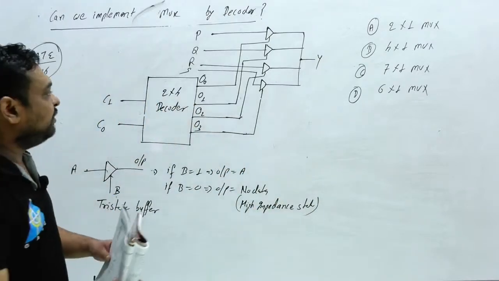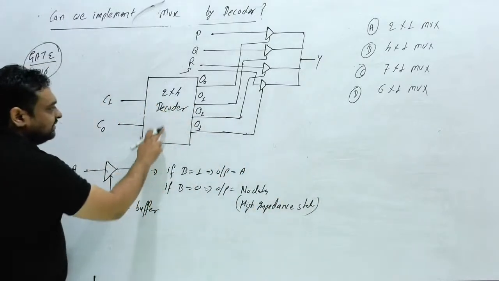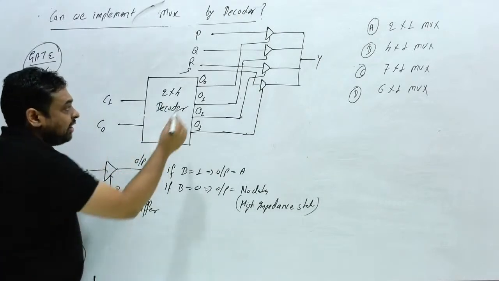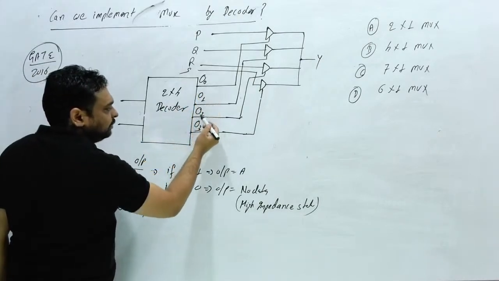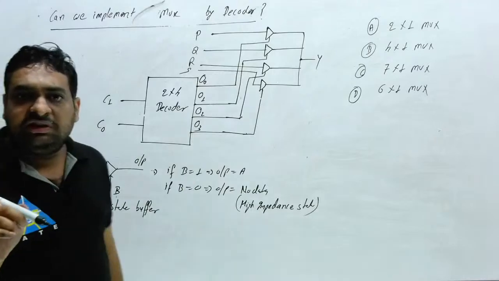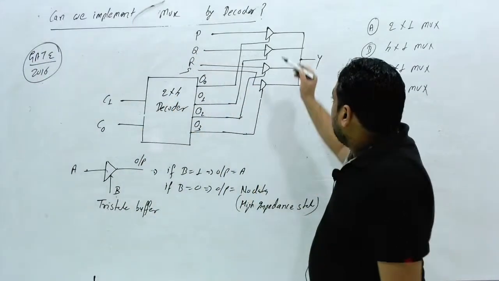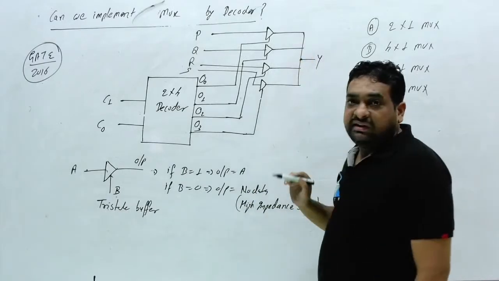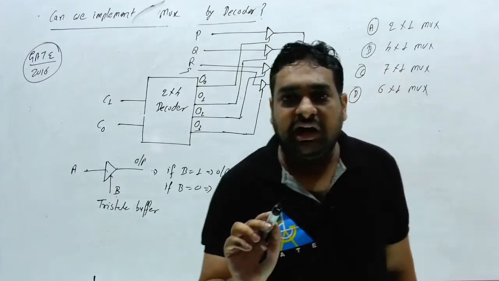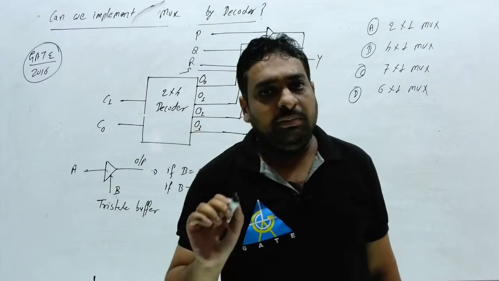Clear? Now you can see this is the decoder circuit. In a decoder circuit, of outputs 0, 1, 2, 3, only one output you will get at one time. It means out of these 4 tri-state buffers, at one time only one buffer will work.